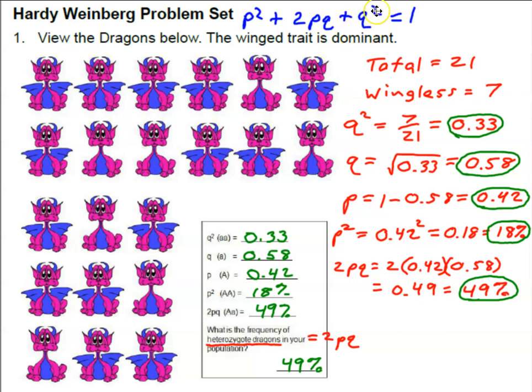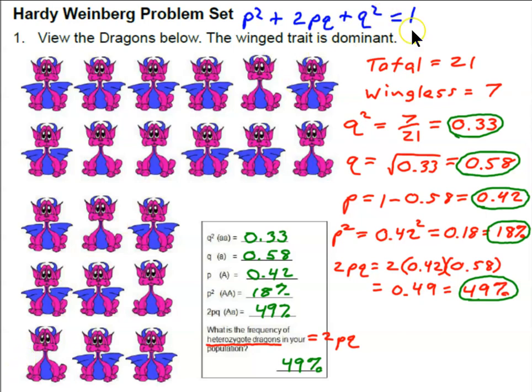Once you find the q squared term, you can calculate the recessive allele frequency, q, and then use that to calculate the dominant allele frequency, p. With both p and q, you can calculate the genotypic frequencies of the homozygous dominants and the heterozygotes from that.